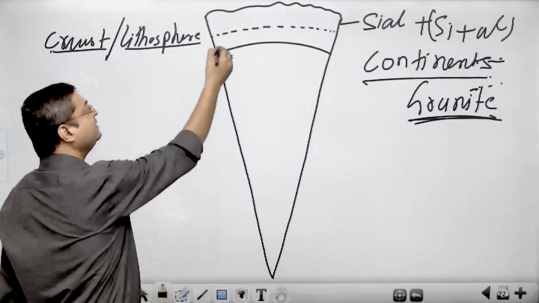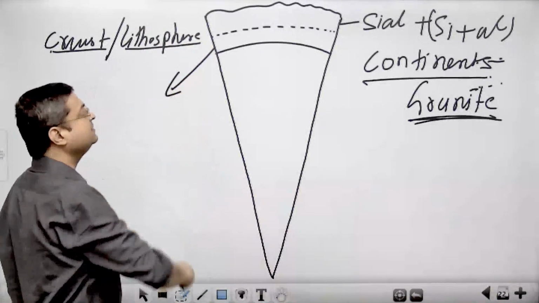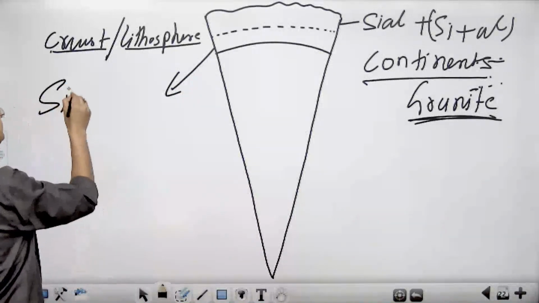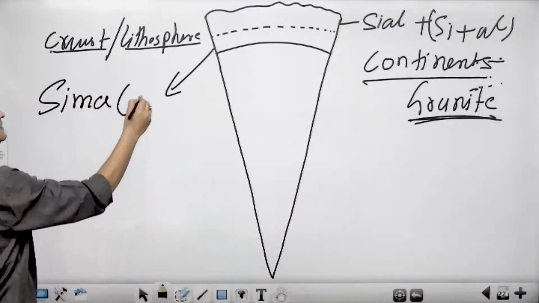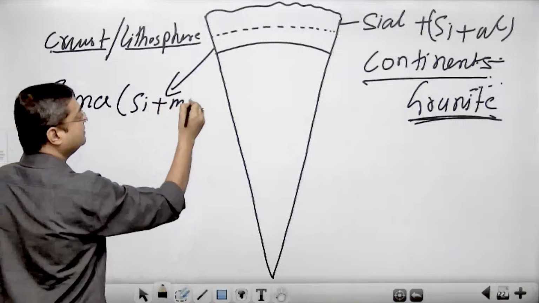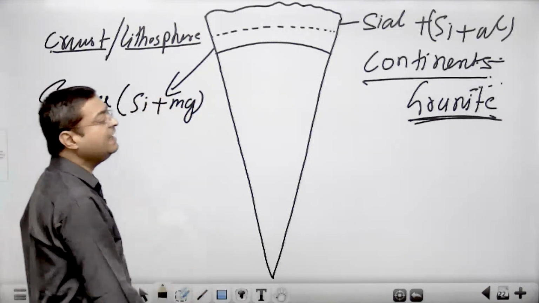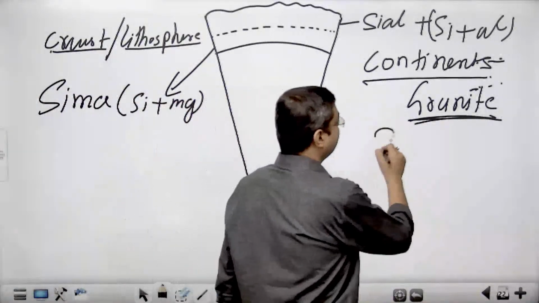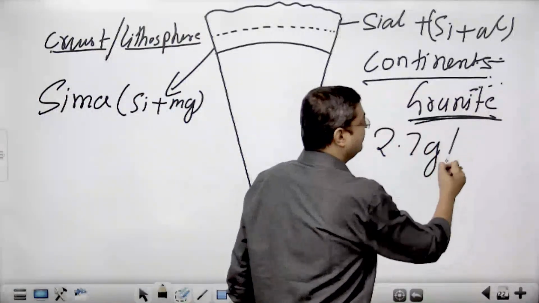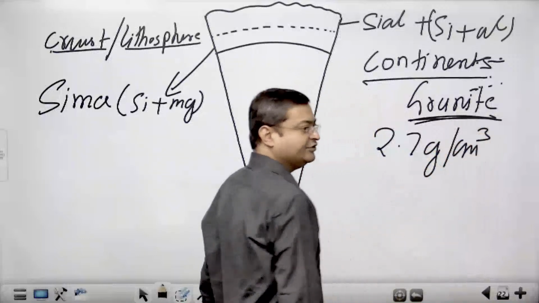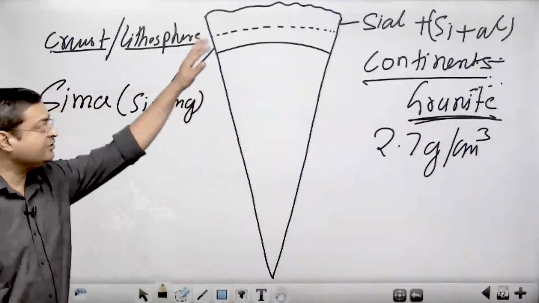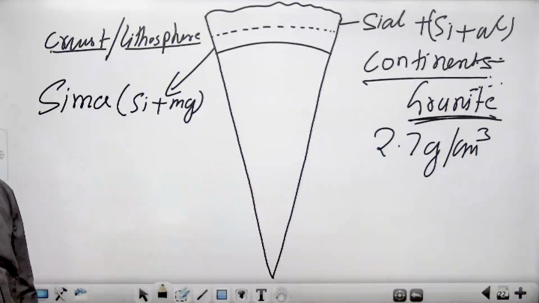The second layer of your crust is sima, which is silica plus magnesium. The sial has an average density of 2.7 gram per cubic centimeter. But as we move down, the density increases.